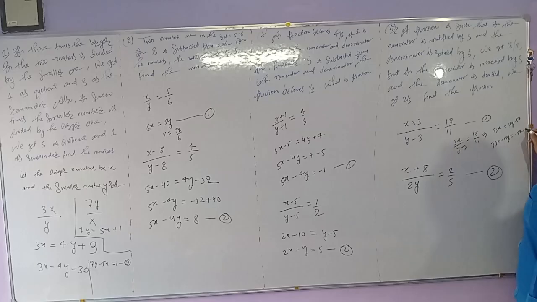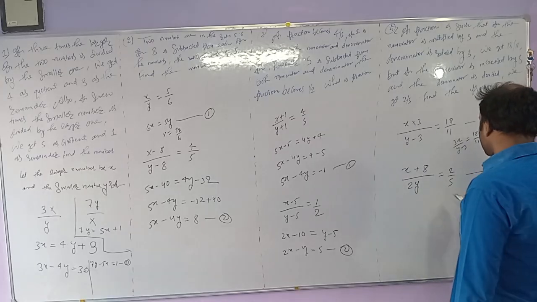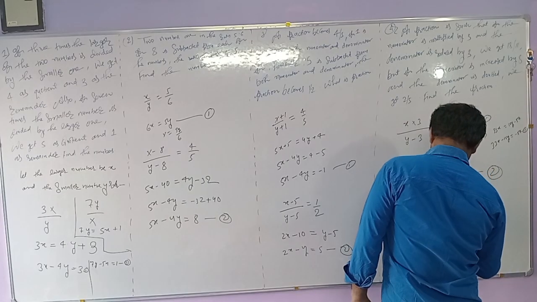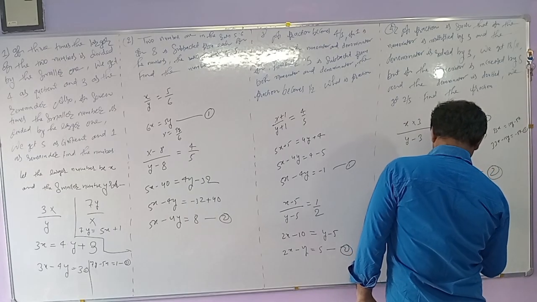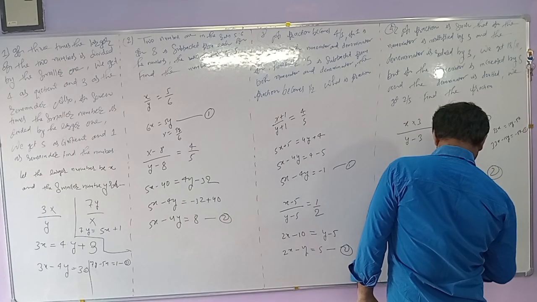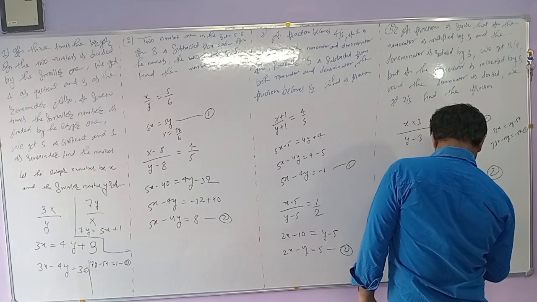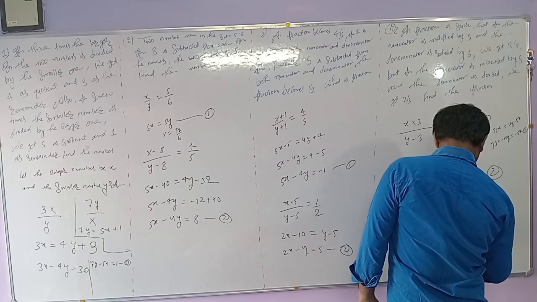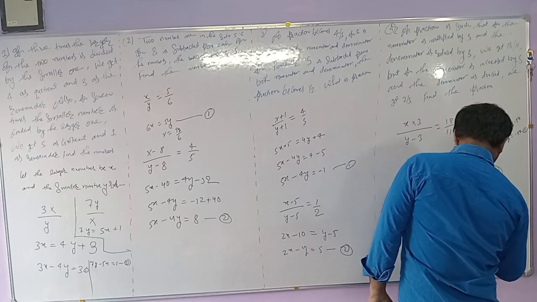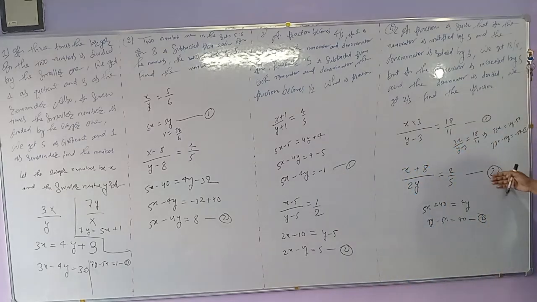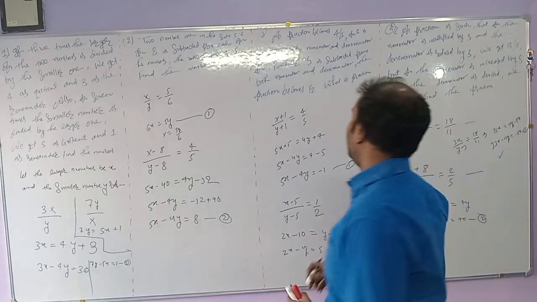This is the first, and in this 5x plus 40, 4y minus 5x. Okay. And when we compare both the equations, we get the value of x and y.